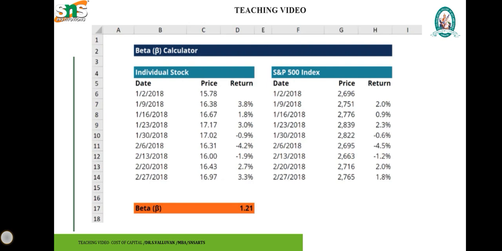So beta is an important component in the calculation of cost of equity, because beta means risk. It measures the volatility of return of a particular stock when compared with the entire market: whether the particular stock's returns move along with the market or against the market, or whether the stock's volatility is more than the market or less than the market.